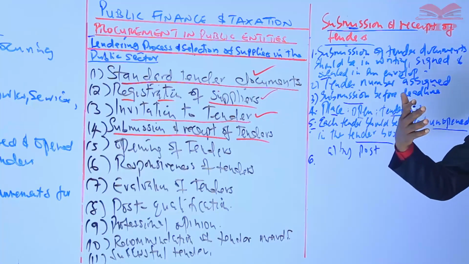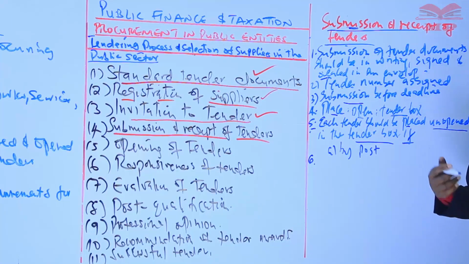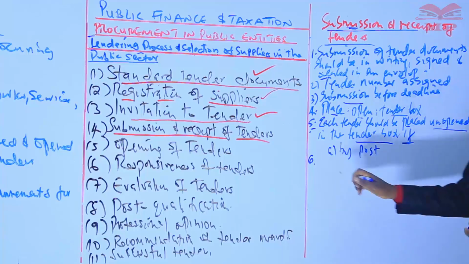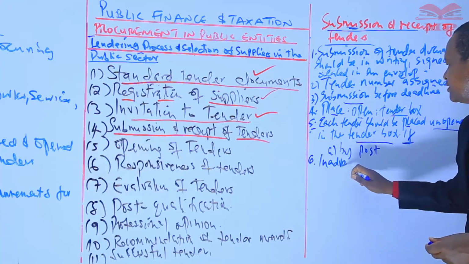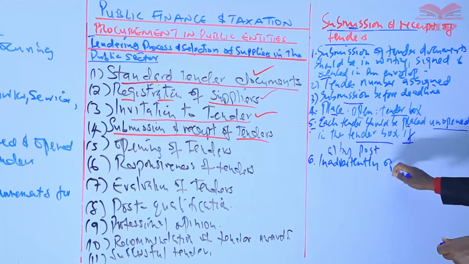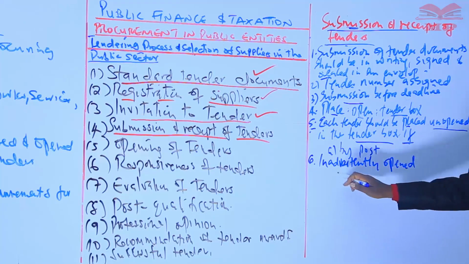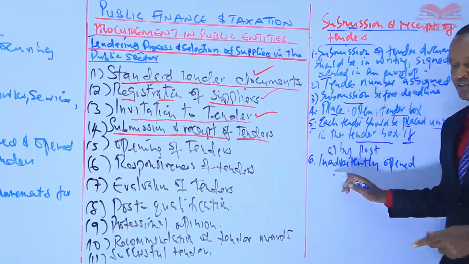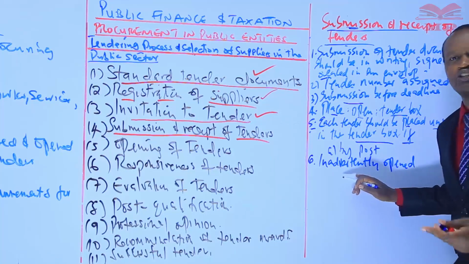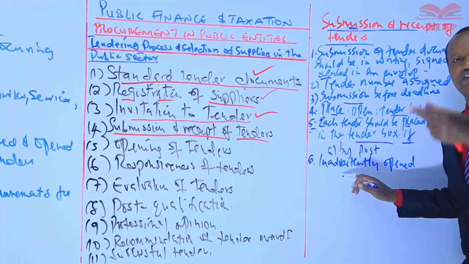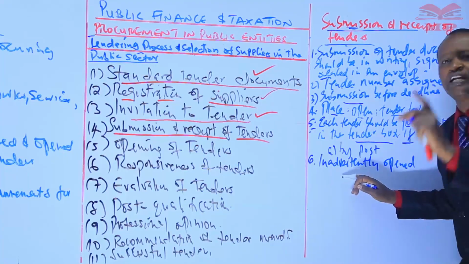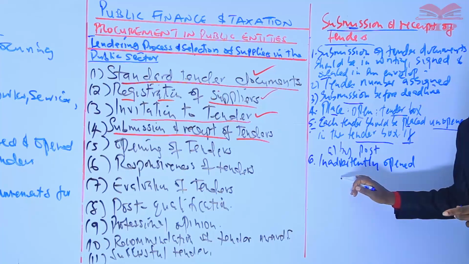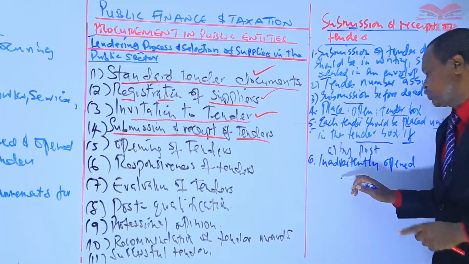If a tender that is delivered by post is inadvertently opened, inadvertently opened means it's opened unintentionally. If it is opened unintentionally, then the fact of that opening should be recorded on the envelope by the person who opened the tender, and that tender shall be placed in the tender box.